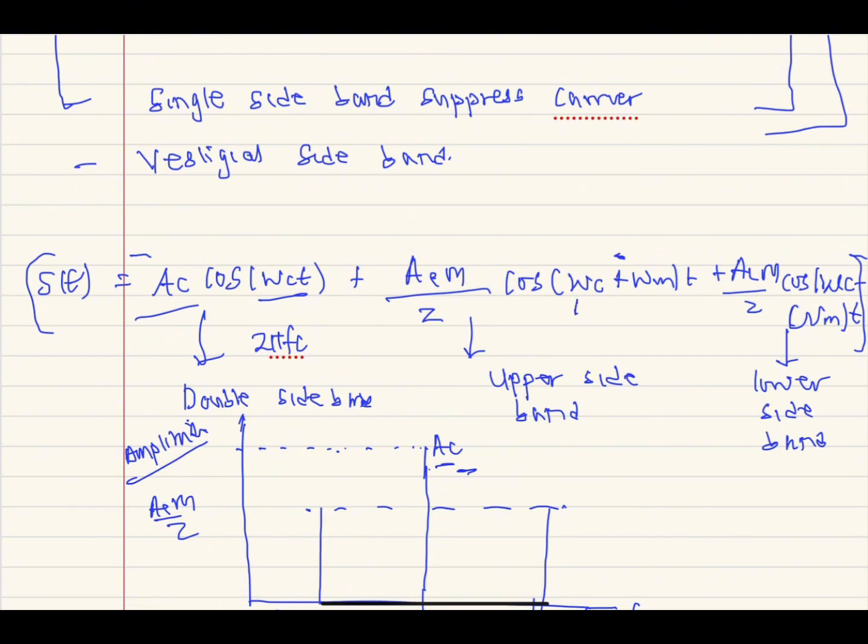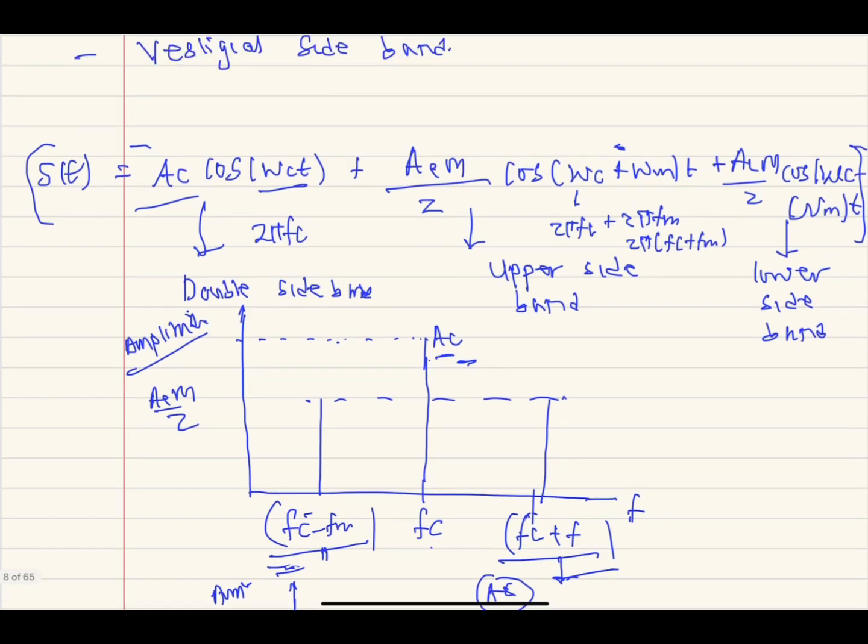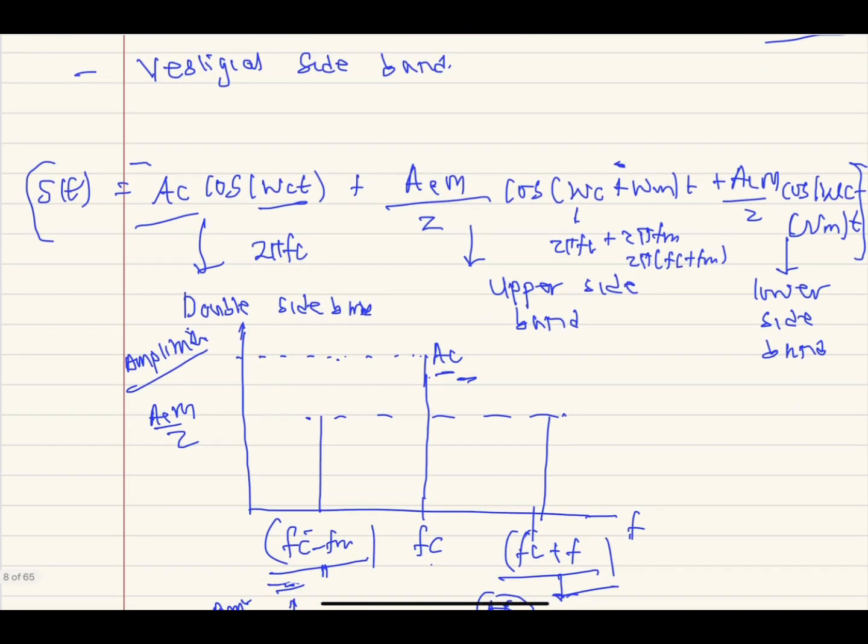When I'm rewriting this, I'll do 2 pi fc plus 2 pi fm, of which I can factorize 2 pi out and get fc plus fm. For the lower sideband, it's the same thing: 2 pi fc minus 2 pi fm, of which we are going to get 2 pi into bracket fc minus fm, which is the lower sideband.